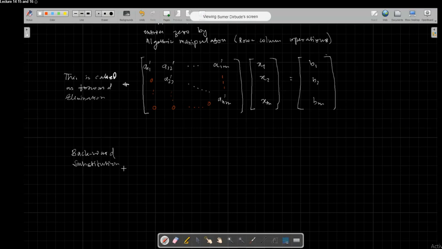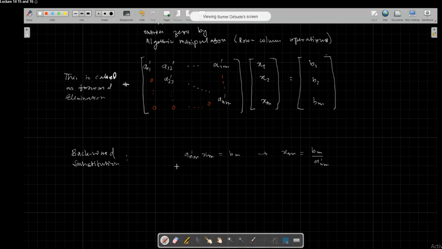In the backward substitution process, you know that a prime nm times xm is equal to bm. So from this, we can get xm, which is nothing but bm divided by a prime nm. So xm is obtained now.